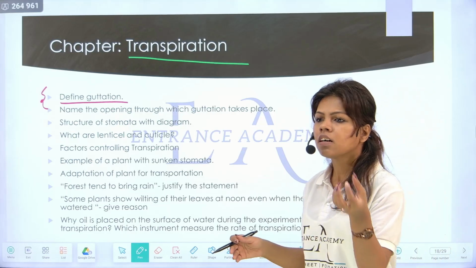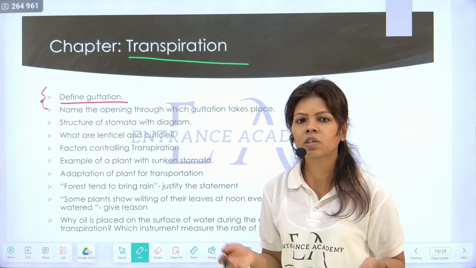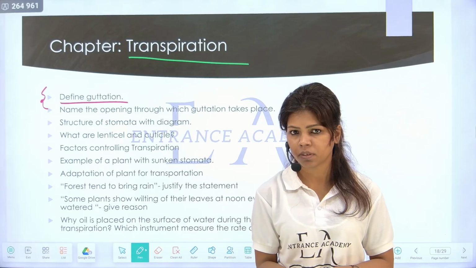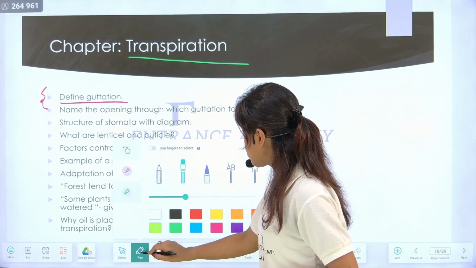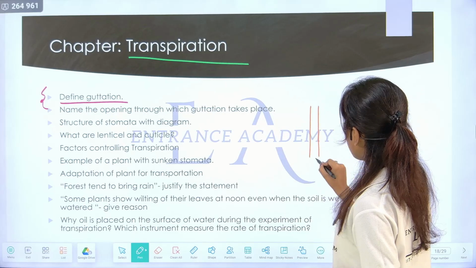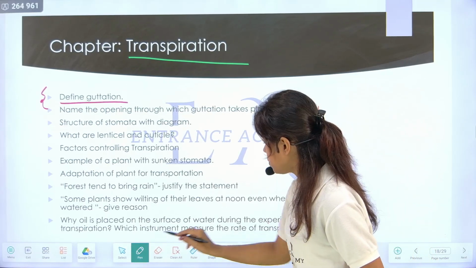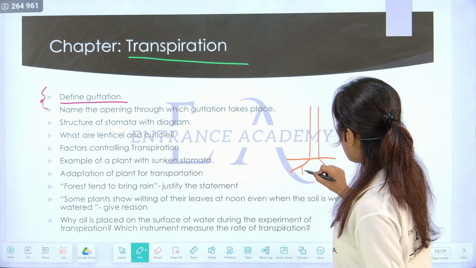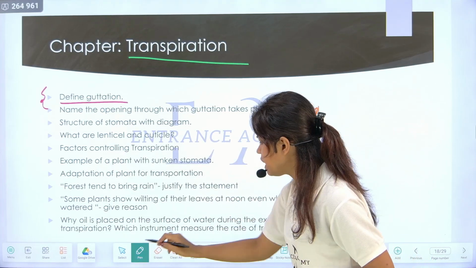Transpiration is the release of water molecule through the surface of the leaf in the form of water vapor. As we know, the root hairs are responsible for water absorption from the soil, and water will go up by means of xylem vessel.